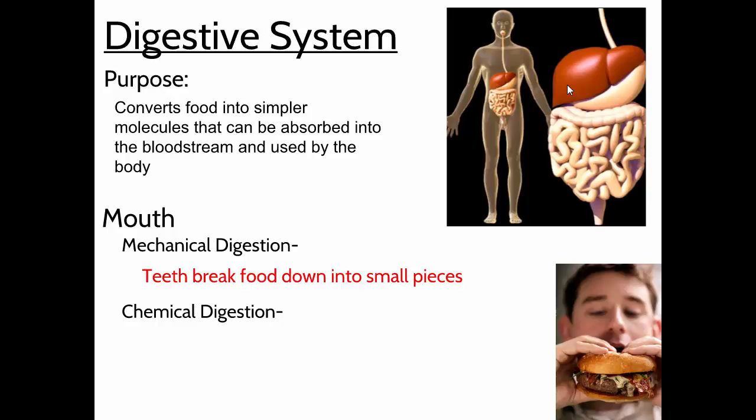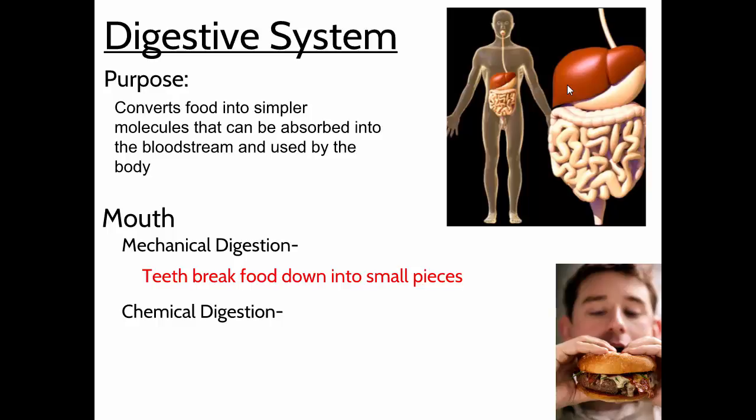And there's different types of digestion that take place in our bodies. One type is called mechanical digestion, and that's physically breaking up our foods into smaller pieces. Basically chewing.